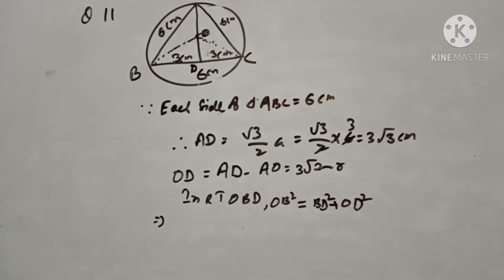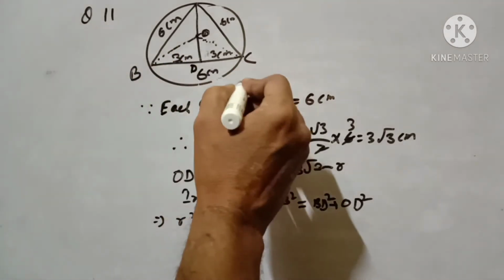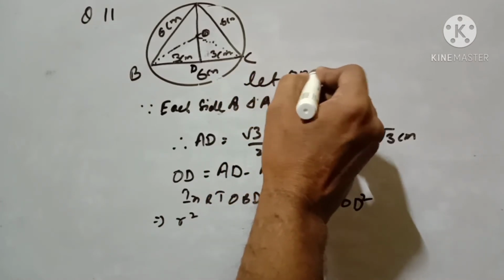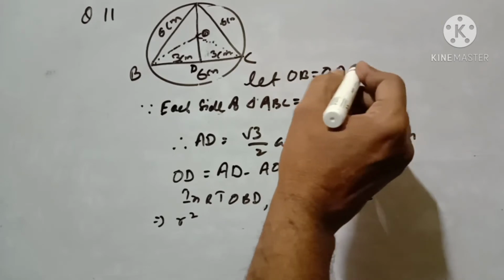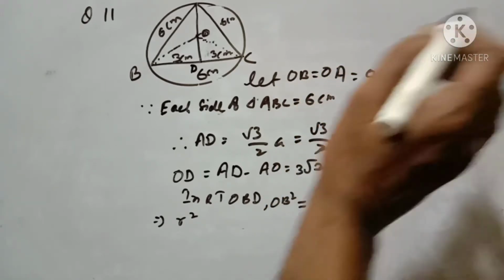This implies r square, because OB I have considered as radius r. So let OB equal OA equal OC equal r.